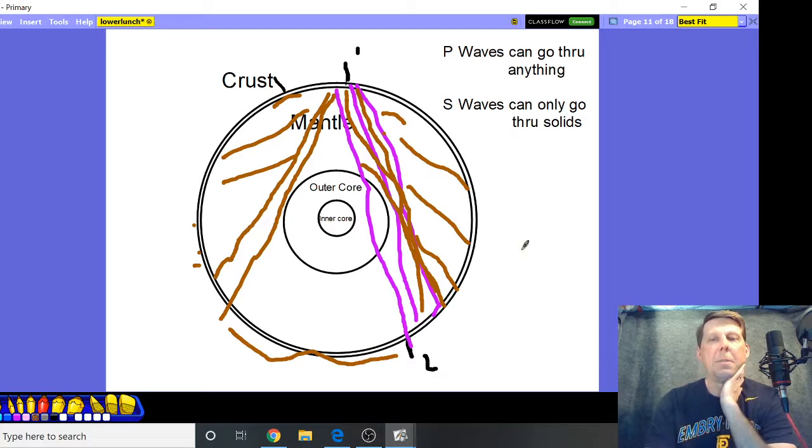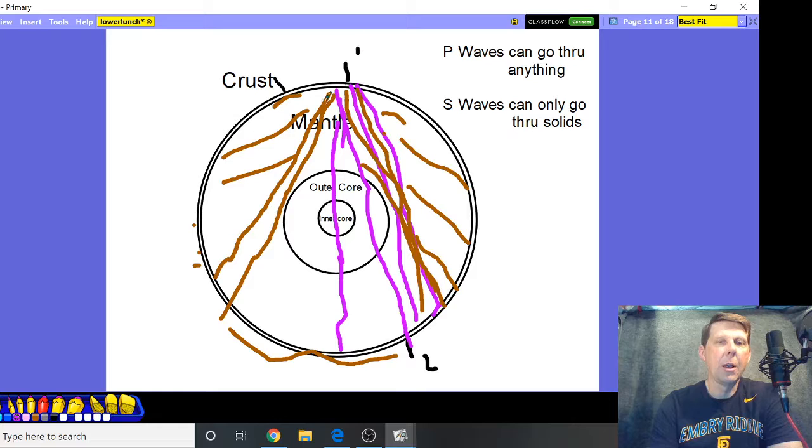Now the P waves go through anything, and they also change speed as they go through different material. Just like a sound wave goes through water or steel or air at different speeds. So as these P waves go through, they're going to change speed when they hit the liquid. They change speed as they hit that solid, change speed when they hit the liquid, and change speed again here. So we can notice how a P wave changes speed here, but doesn't change speed over there.